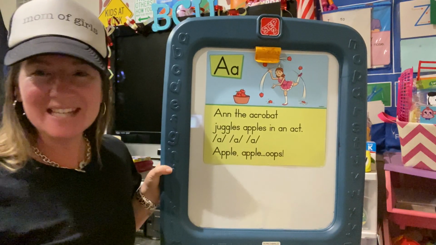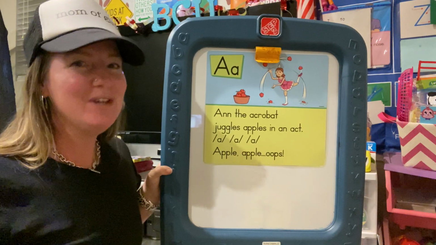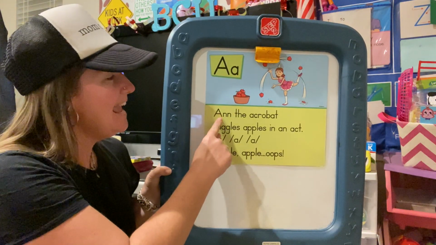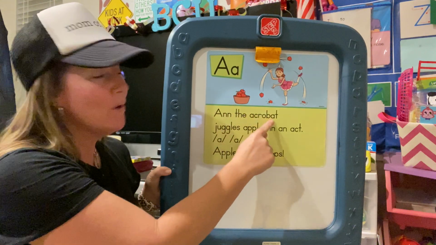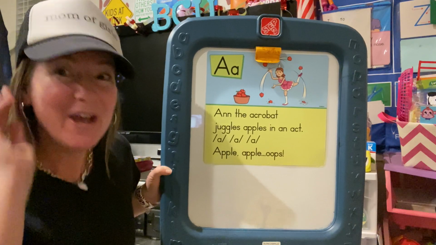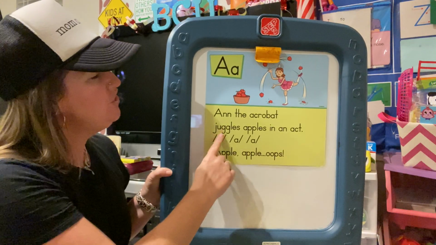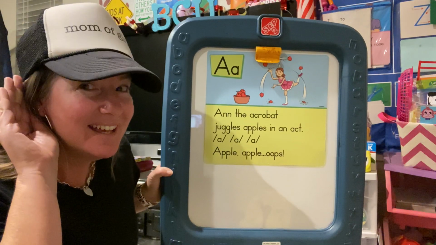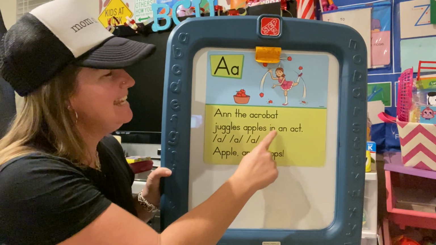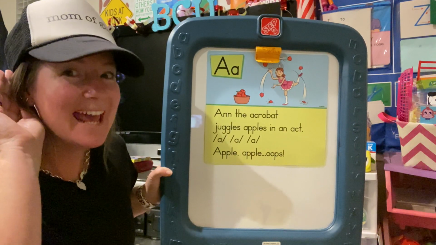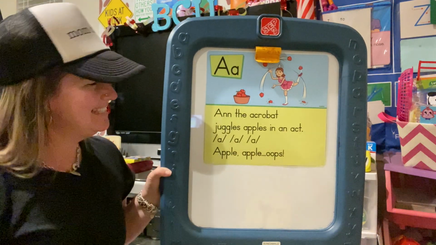Okay, so this time, pandas, I'm ready for you to repeat after me. Can you say, Anne the acrobat? Good. Juggles apples in an act. Nice.